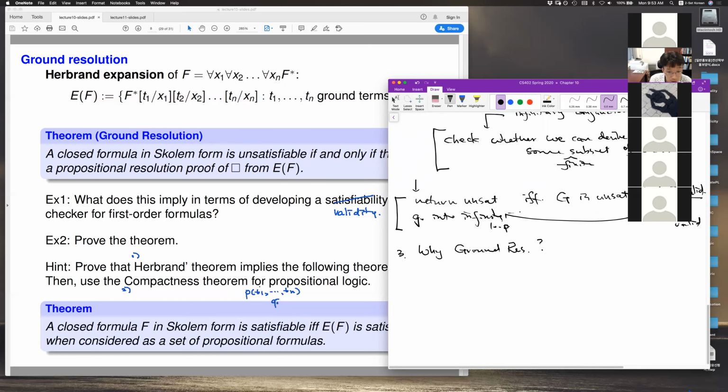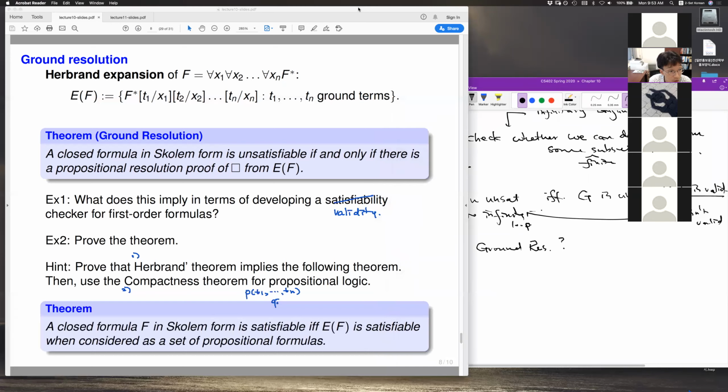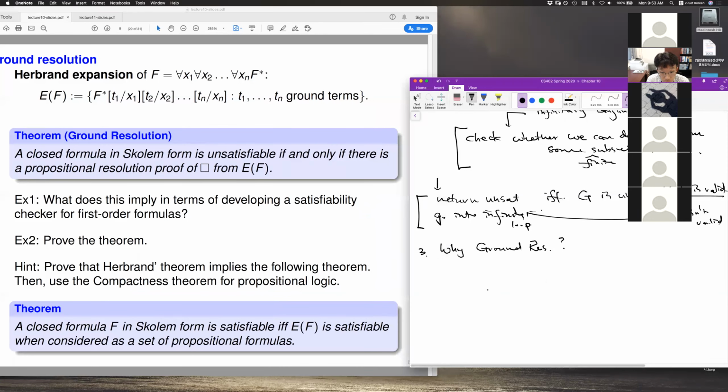And then we use the hints that are described here. So the hints say, now we start with the formula F that is closed and in Skolem form.